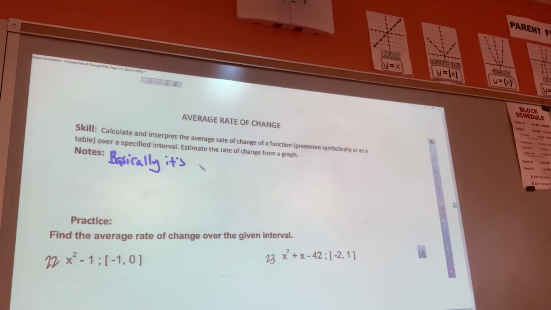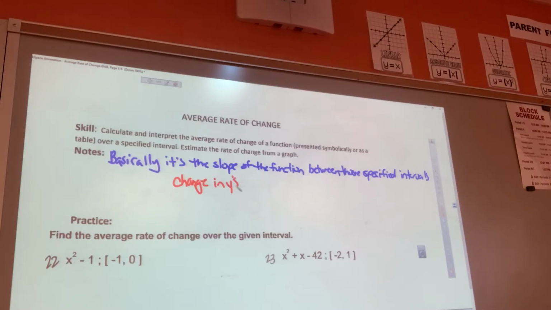It's the slope of the function between those specified intervals. So you will look for those intervals, and then you're just going to take the change in the y's over the change in your x's. Isn't that what our slope formula is?